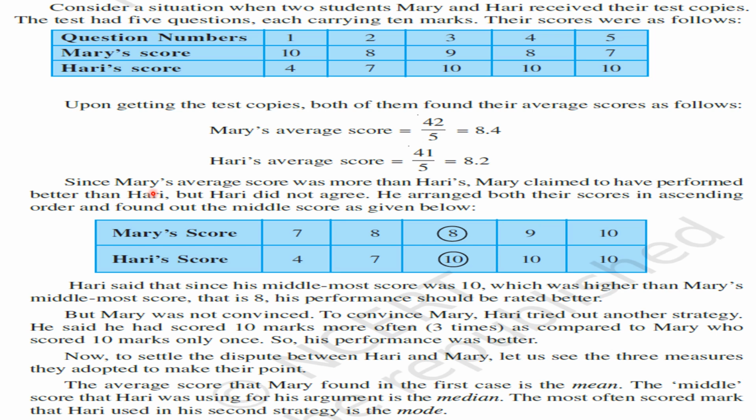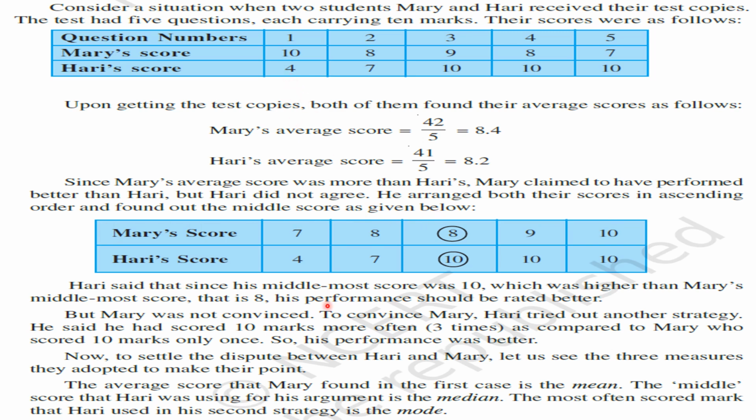Since Mary's average score was more than Hari's, Mary claimed to have performed better than Hari. As I mentioned here, the average score of Mary is greater than the average score of Hari. But Hari did not agree. Hari arranged both their scores in ascending order and found out the middle score, as given below.